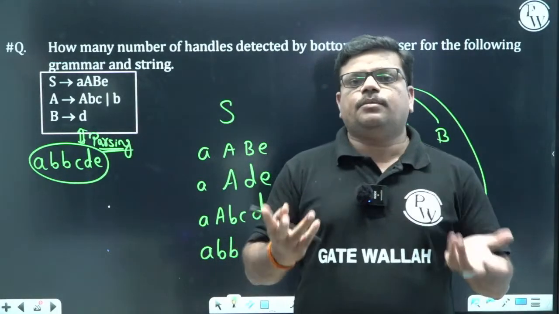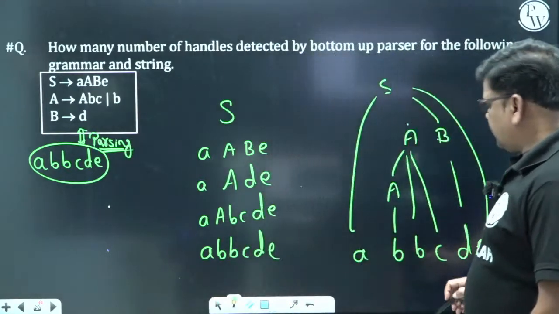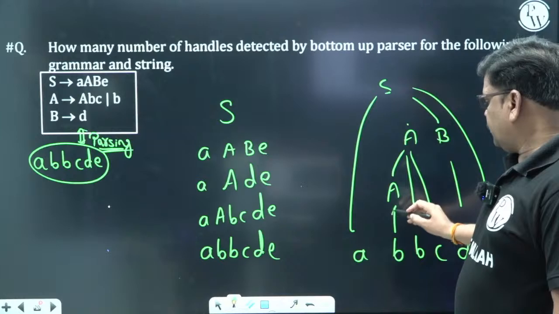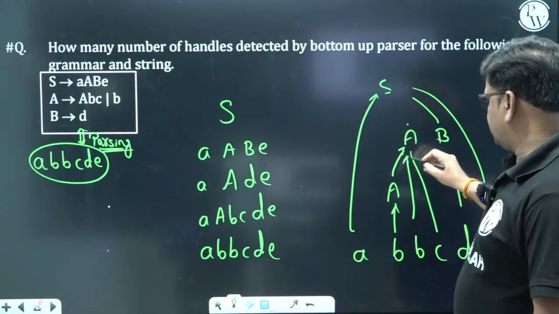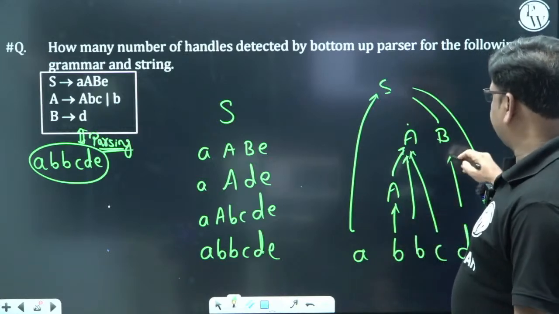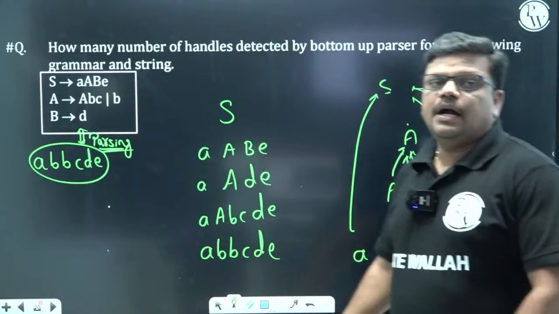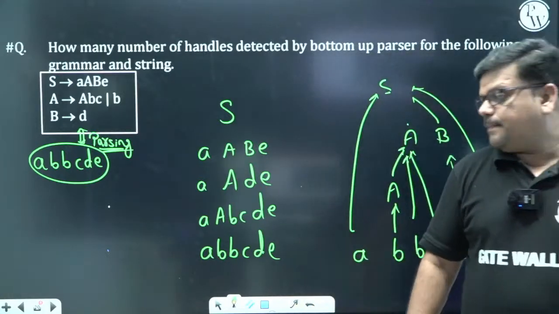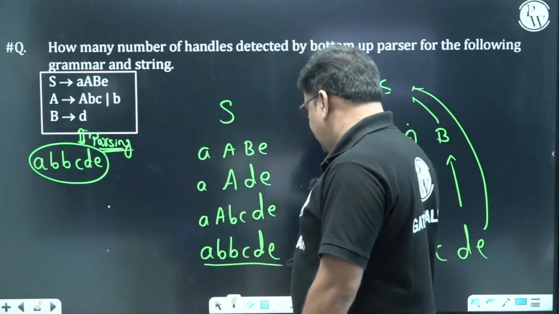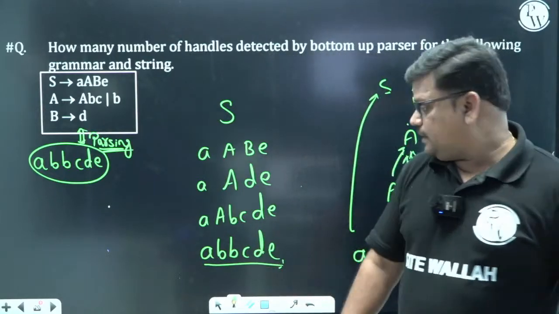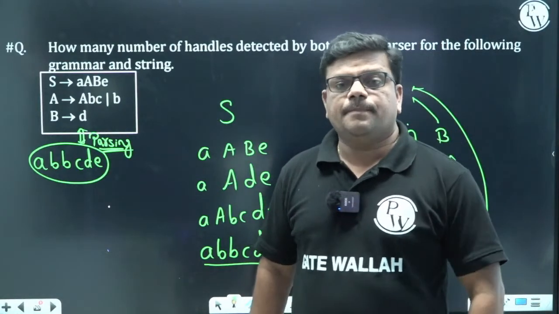So if it is bottom-up parsing, how? See here, the construction of the tree structure is like this. Bottom-up parser constructs the parse tree from bottom to top. And the way of construction is like this. To check whether this string is a member or not, we will take the input string. This is the main concept.